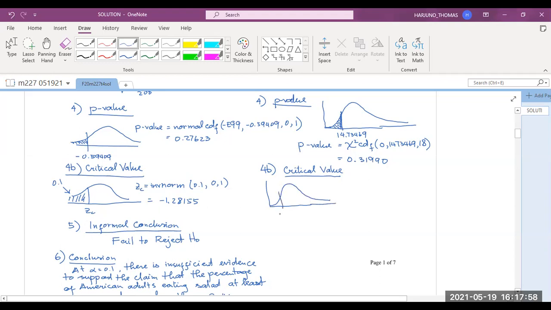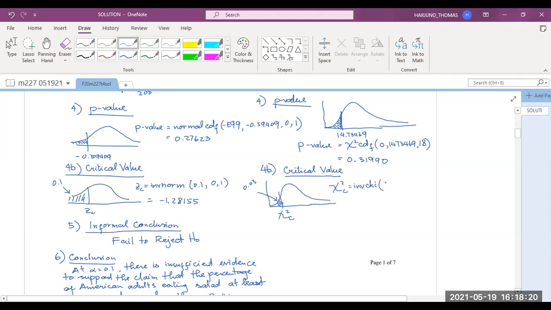We need 3% here. So chi-squared critical will be inverse chi, the area to the right, right?